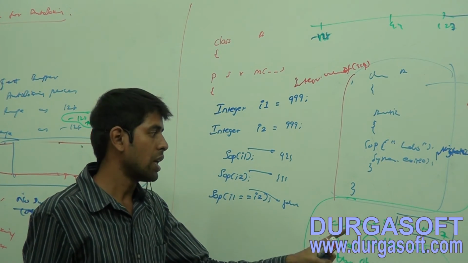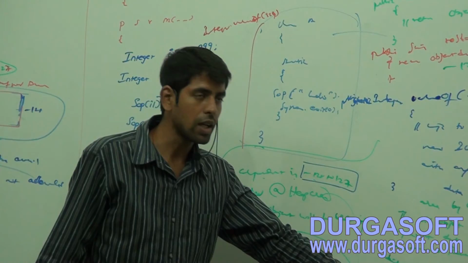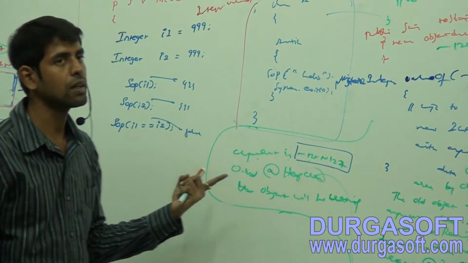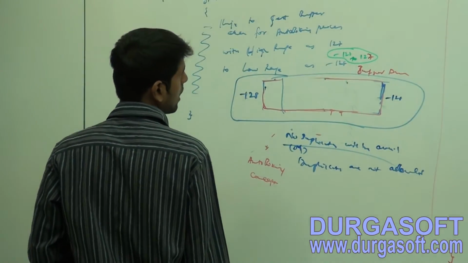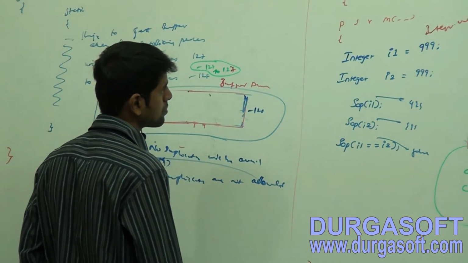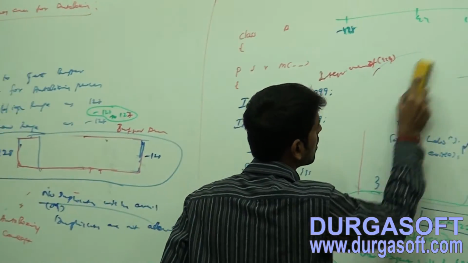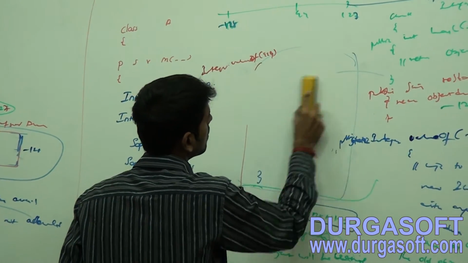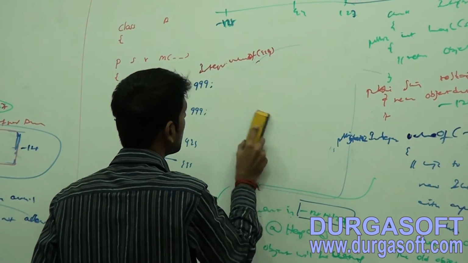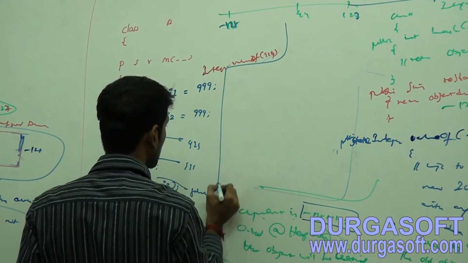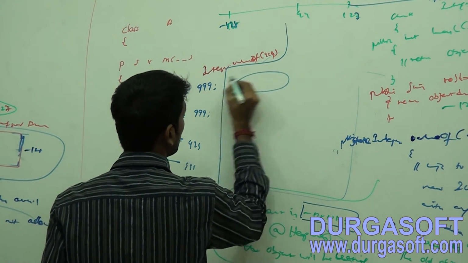If it is within the range, it will create that object at the buffer area, otherwise at the heap area a new object will be created. Think that this is our heap area.